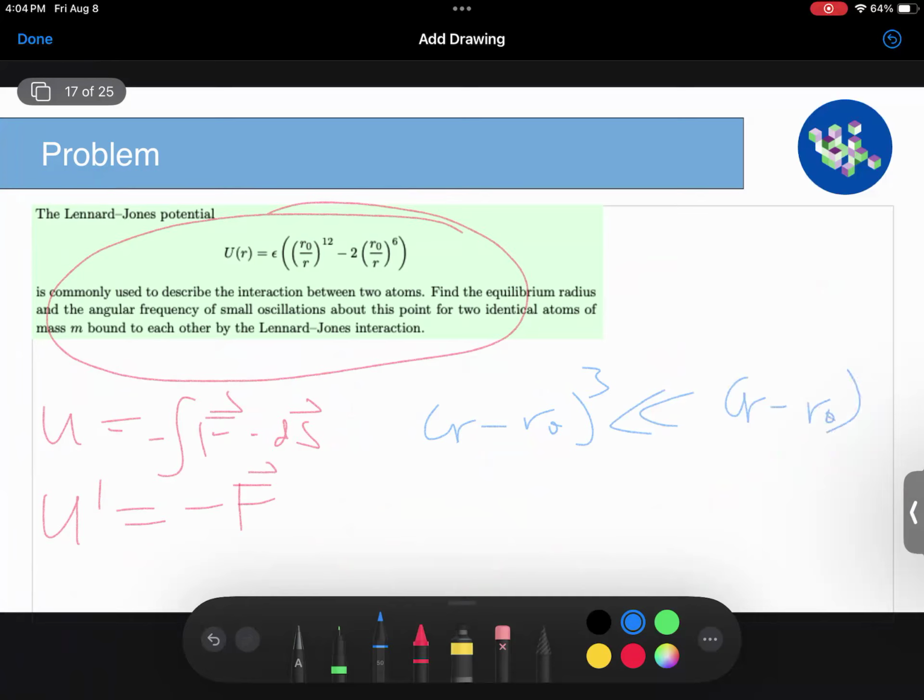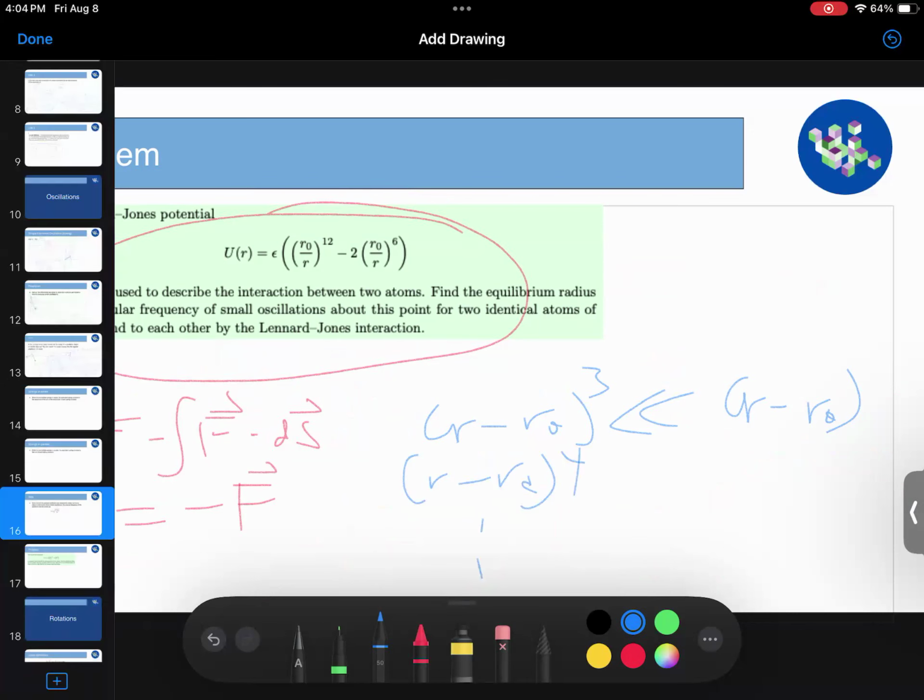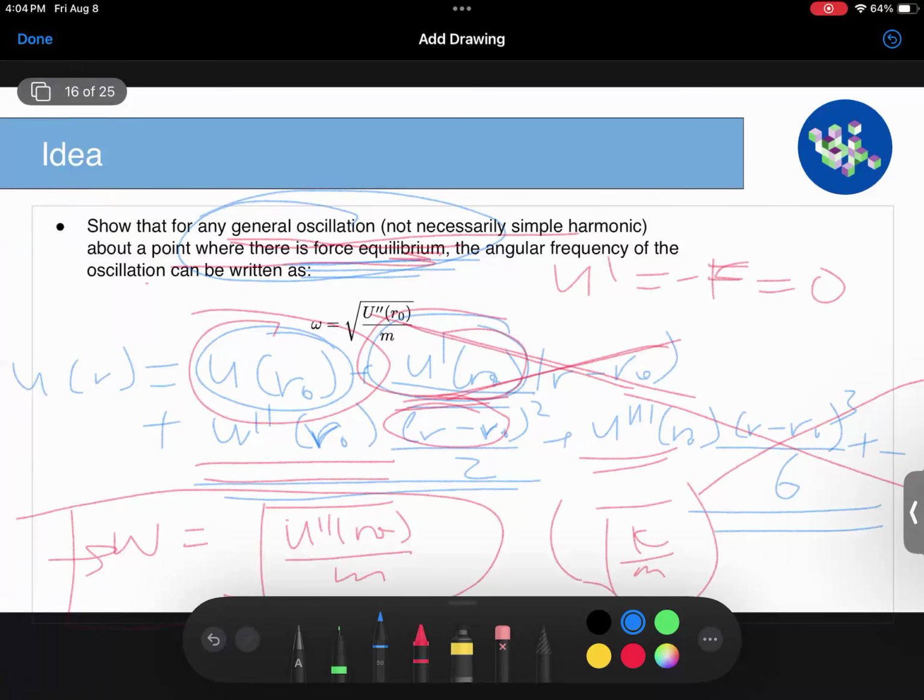And so would R minus R0 to the fourth power and so on. Because those terms are basically just 0, I can neglect the third order term and higher. And I can also neglect the first order term because there's force balance. So we're just left with the second order term, which is just the potential energy of the spring.